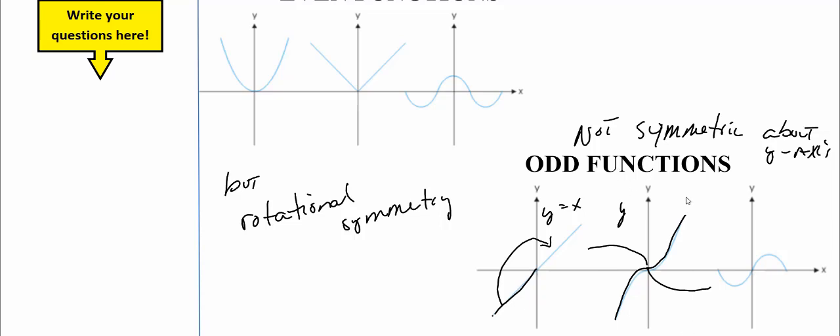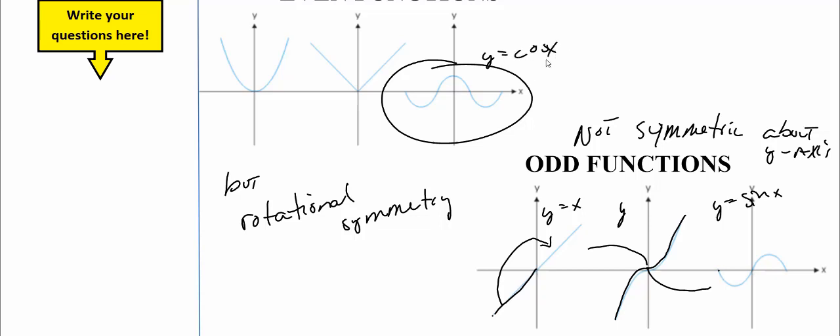And this one here is sine of x, and the one above it is y equals cosine of x. So cosine is even, but sine is odd. Again, a 180 degree rotation would land right there.